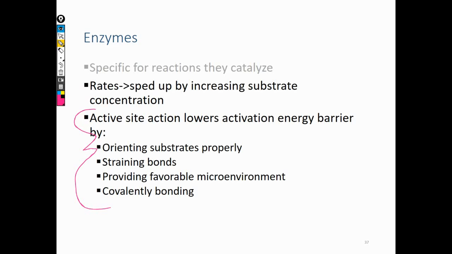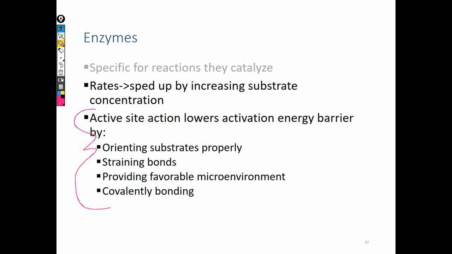So we can strain bonds. We can literally pull and tug. We can orient our starting molecule, a bit like a Rubik's Cube. We can provide a favorable microenvironment.